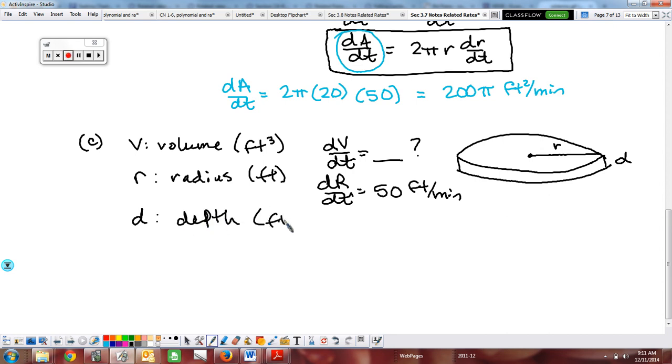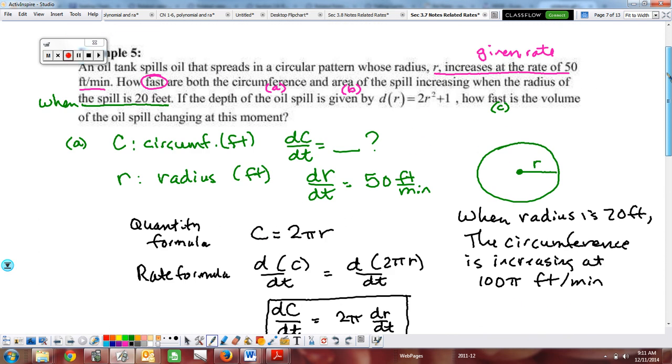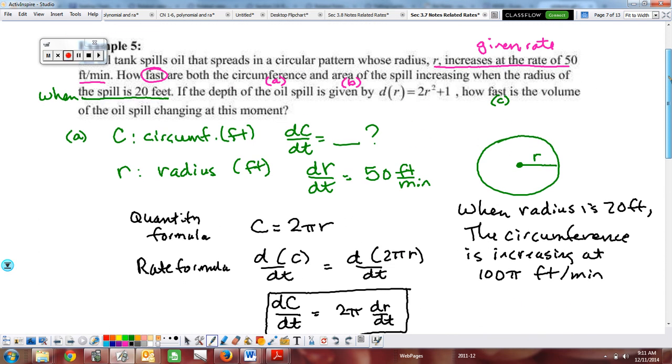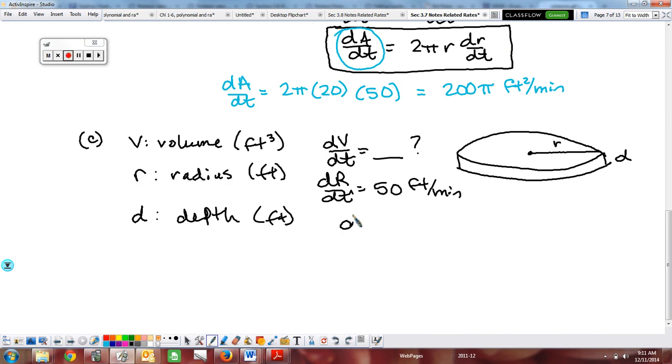Then I have my new variable that I need for volume, which is depth. Depth is going to be measured in feet, and really I have two pieces of information here. I have the depth formula, which they're giving me right here: D of r equals 2r squared plus 1. So I actually have a formula for the depth.